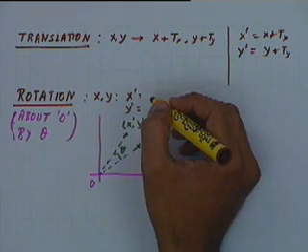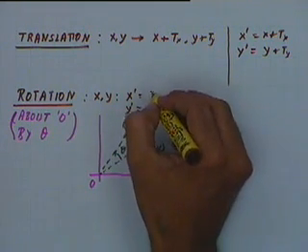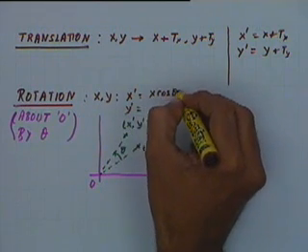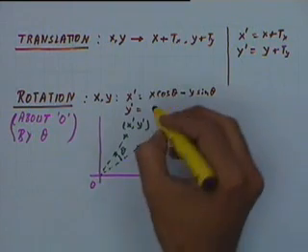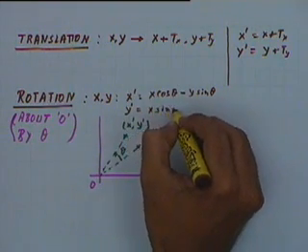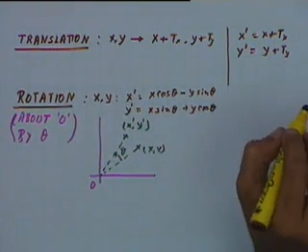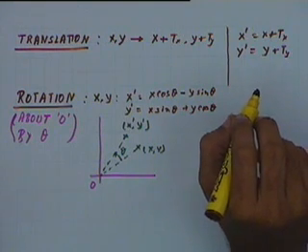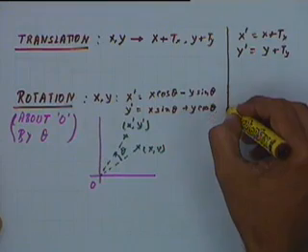How much will be x prime? x cos theta minus y sin theta, and y prime is x sin theta plus y cos theta. Is that okay? Anyone having any doubts about this?